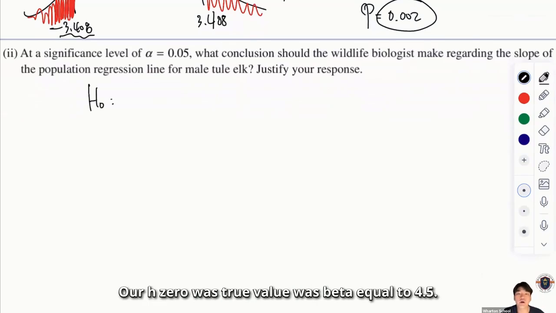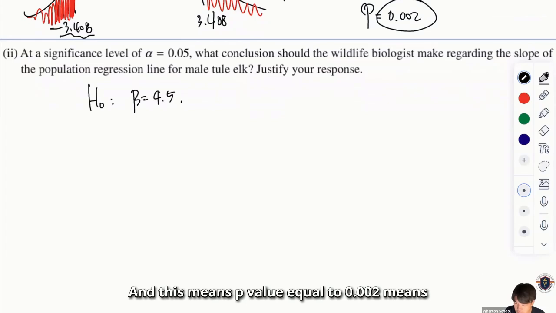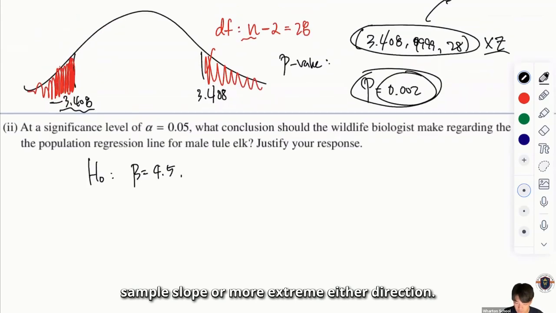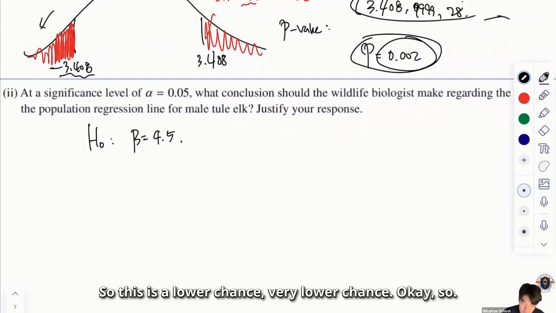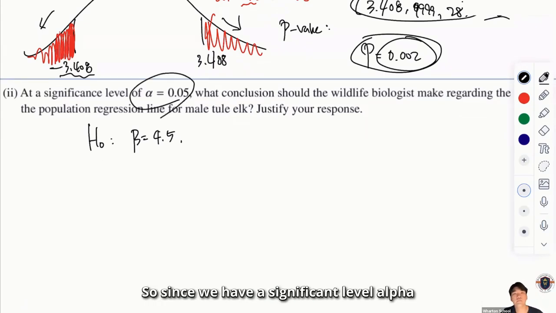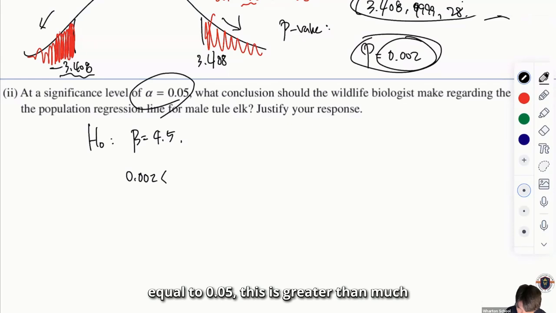Our H0 was that beta equals 4.5. A p-value of 0.002 means that there is a 0.002 probability of getting the observed sample slope or more extreme, in either direction, purely by chance. So this is a very low chance. Since our significance level alpha of 0.05 is much greater than our p-value, right?